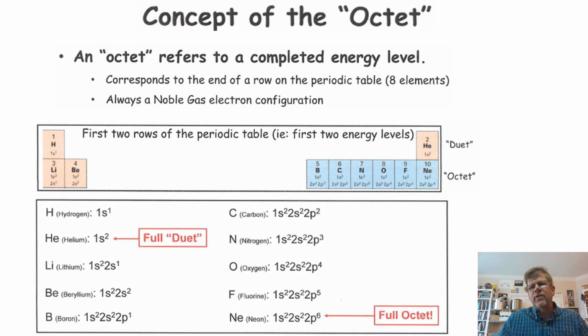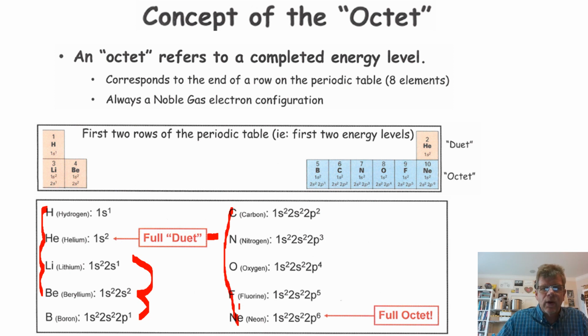So if we look at this in a sort of tabular fashion, the list, those 10 elements we went through last time, it's not that important, but as we go through the elements, as we see right here, that first row ends right here. We had that full duet, and then we started the second row, and went all the way down it until we achieved that full octet.